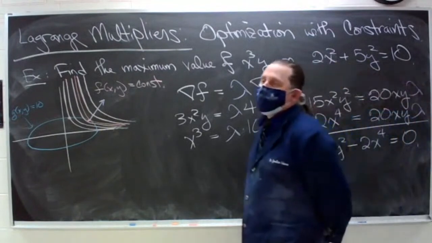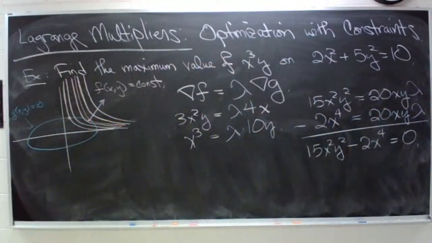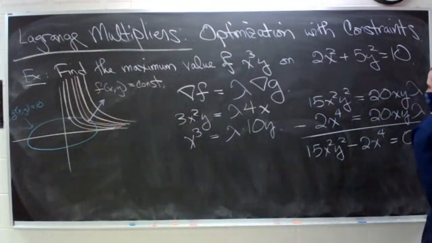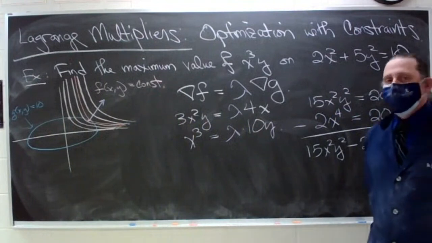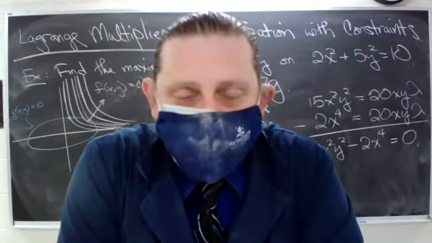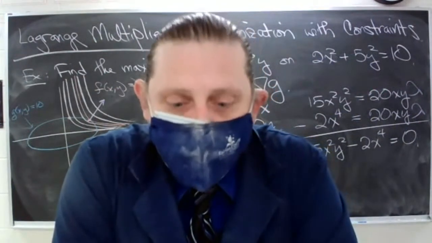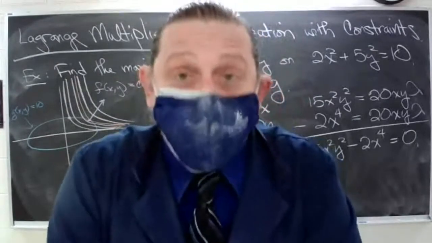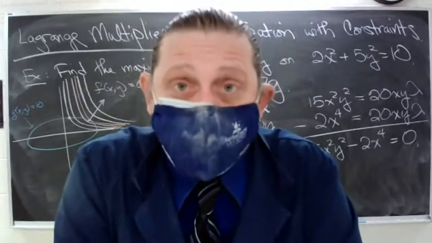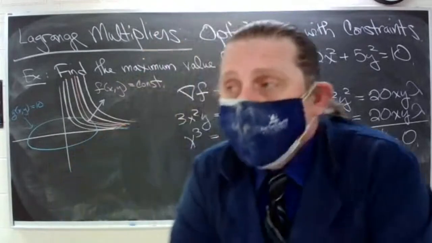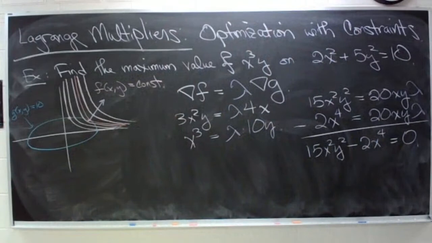All right? Now, clearly we could take a factor of x squared out of the left-hand side. So x could be 0. But I got news for you. x equals 0 is not going to give us the maximum value of x cubed y on this ellipse. So yes, while it's true that I would lose points if I didn't point out that solution in Math 3, okay, x equals 0 is not the solution you're looking for.